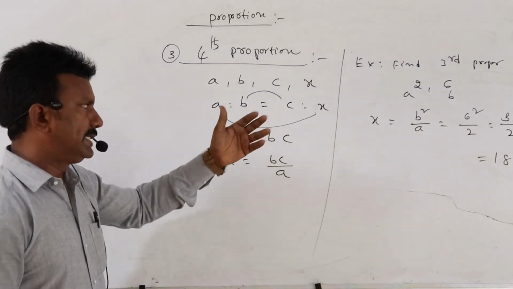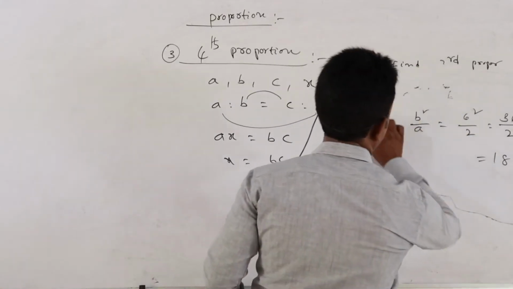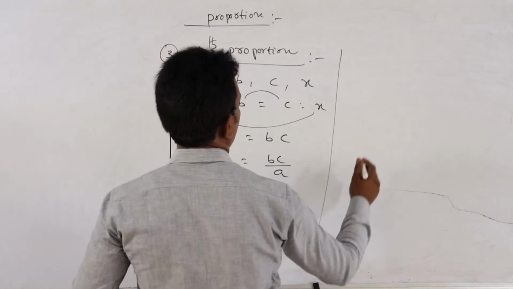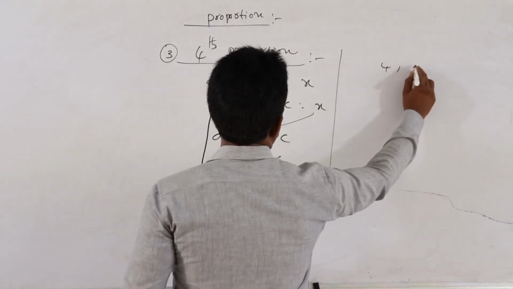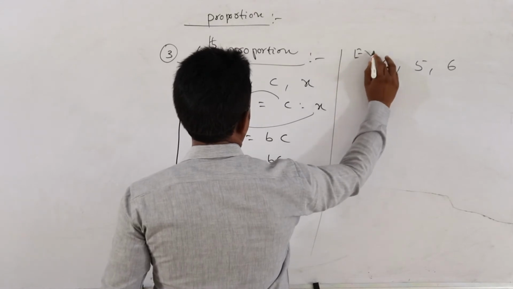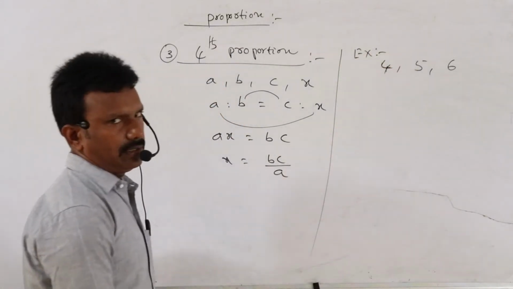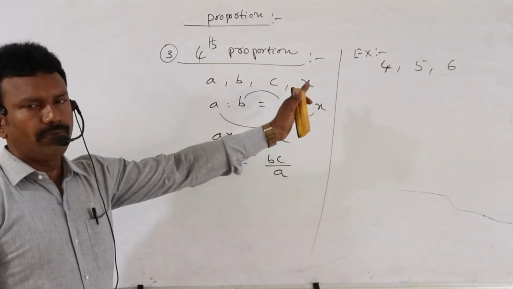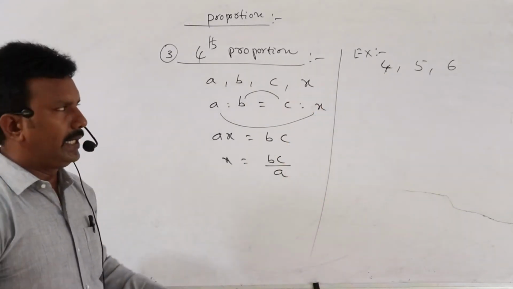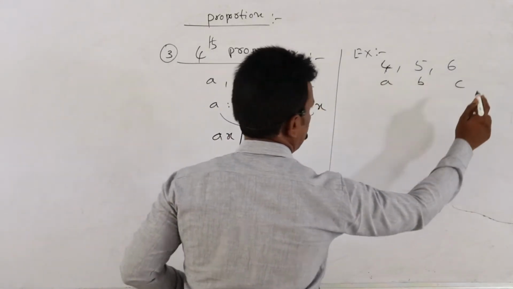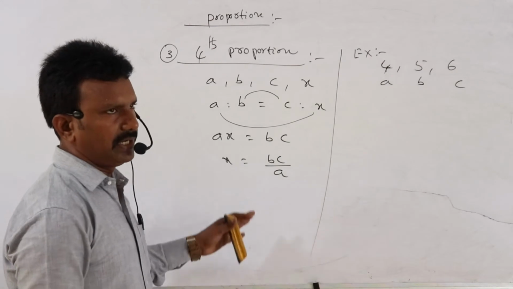Right. Let's write one example for the fourth proportional. Find the fourth proportional of 4, 5 and 6. Here A, B, C are our given numbers.